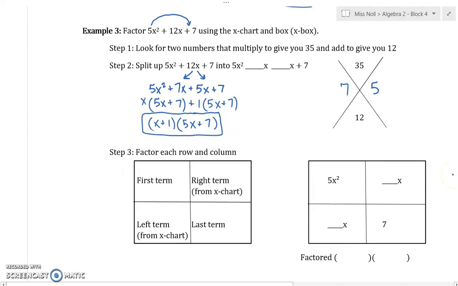Another way you can do it is some people like to set up a box. I'm a little nervous about using the box sometimes, simply because if you forget to factor out the GCF first, the box method fails.